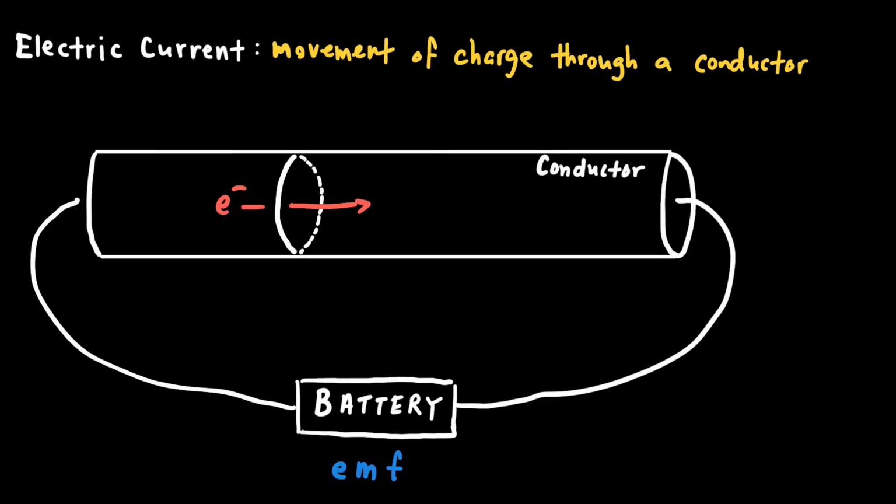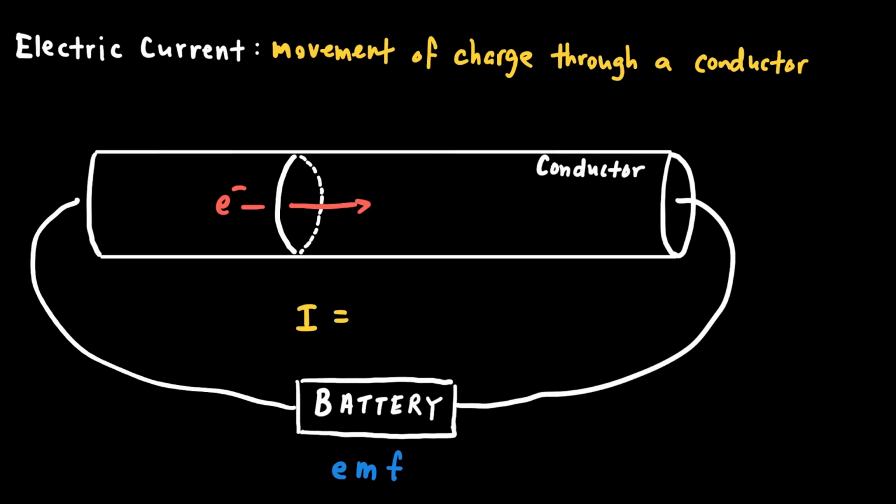If we had a better conductor, there would be more electrons traveling past that point. If there were a battery that had a stronger EMF, or if we connected multiple batteries together, maybe there would be more electrons that pass that point per unit time. The rate at which charge travels across that cross-sectional area, the amount of charge per unit time, is how we define the current.